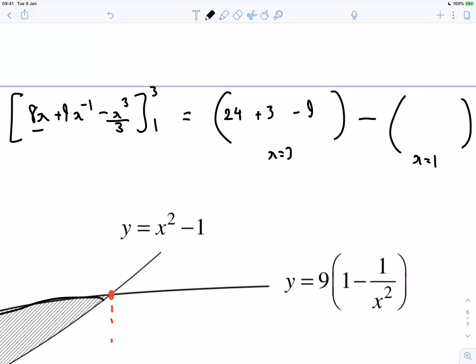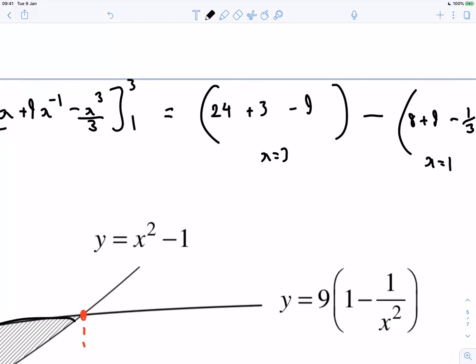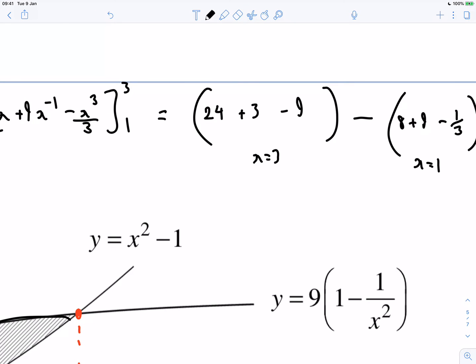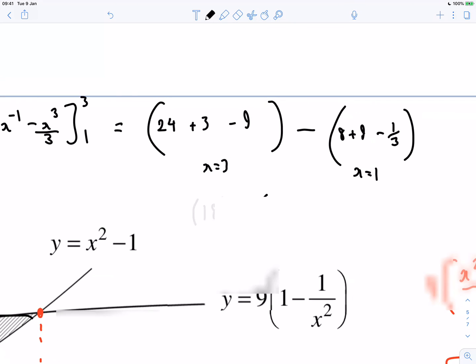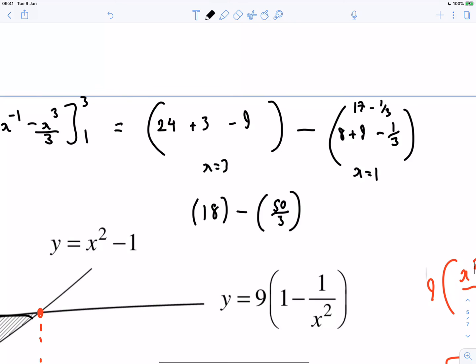Then when x is 1, I've got 8 times 1, which is 8, plus 9 over 1, which is 9, minus 1 cubed over 3, which is minus a third. Okay, 24 minus 9 is 15, plus 3 is 18, minus 8 plus 9 is 17, and minus a third. 3 17s are 51, so 51 thirds minus 1 third is 50 thirds.